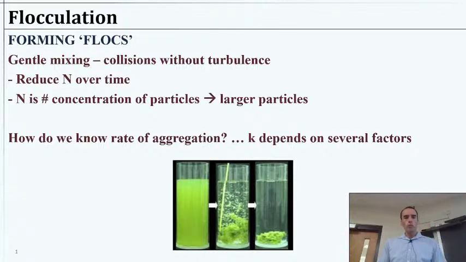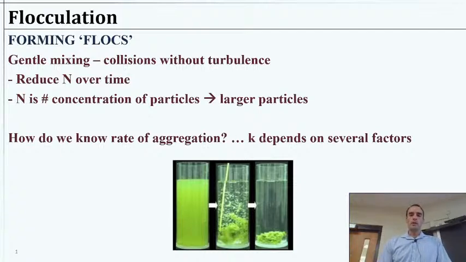Okay, so now that we're aiming to cause the particles to stick together, we talked through this slide already. We want gentle mixing. We're going to reduce the number over time. That's going to increase our size because two particles become one. That's a bigger particle, and fewer particles if we're counting them by number.